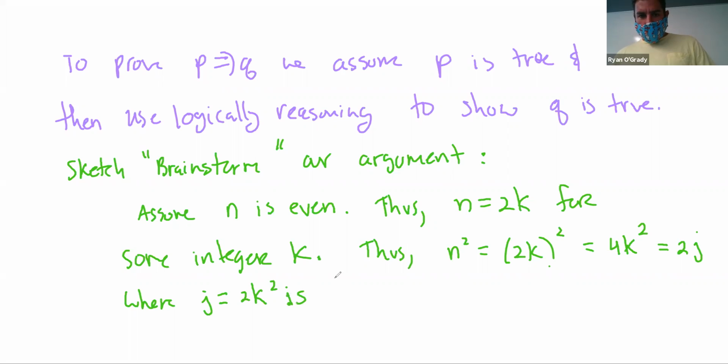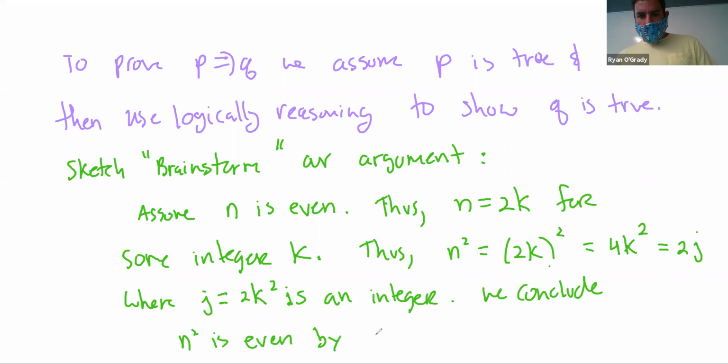Even more particularly, j is an integer. And so what we can conclude is that n squared is even, by definition.